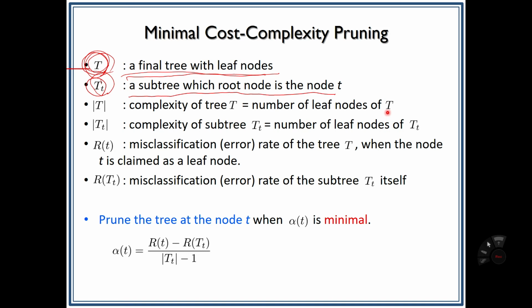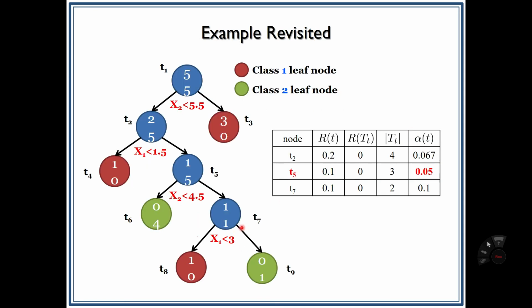This symbol simply indicates the number of leaf nodes of T, and similarly this symbol is the complexity of subtree T sub t, the number of leaf nodes of T sub t. So again, in this example, this fully grown tree, the final tree capital T, has four leaf nodes, 1, 2, 3, 4. That is the complexity of this tree. And this subtree has two leaf nodes, so its complexity is 2.